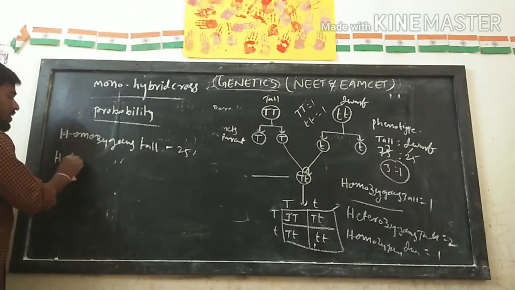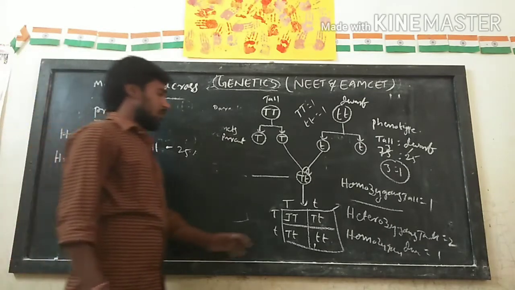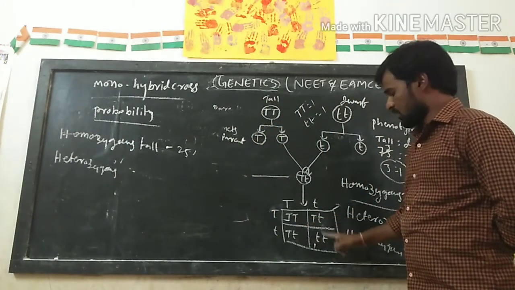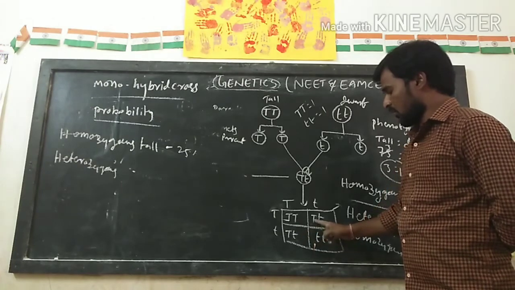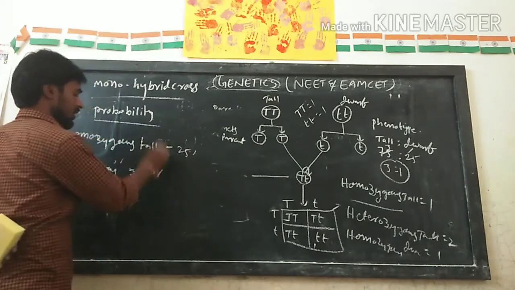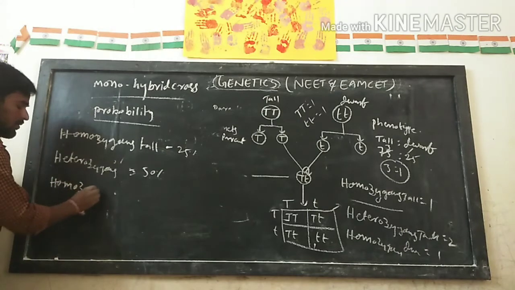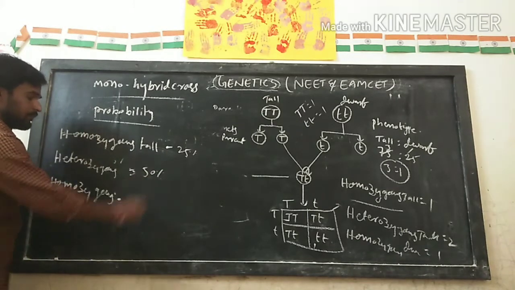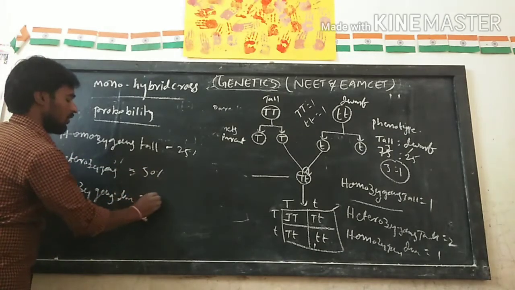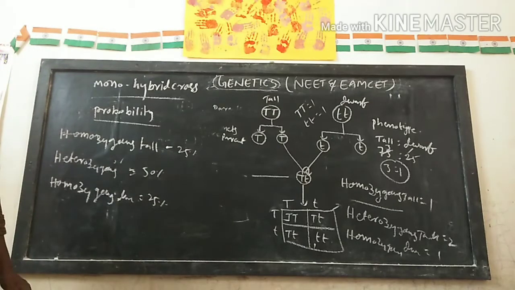What is the heterozygous tall probability? Heterozygous ones are nothing but recombinants. This is homozygous, this is homozygous, and these two are heterozygous. So 50% is the heterozygous tall probability. Homozygous dwarf probability is 25%. They commonly ask like this in NEET and similar exams.